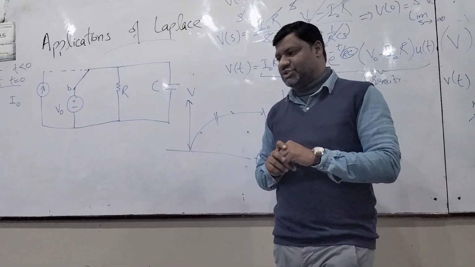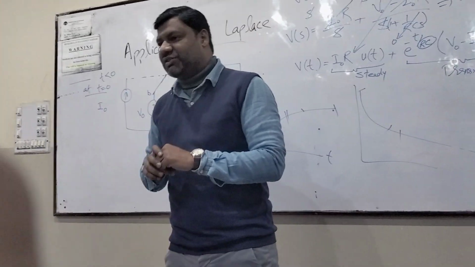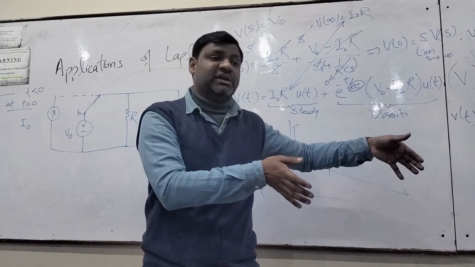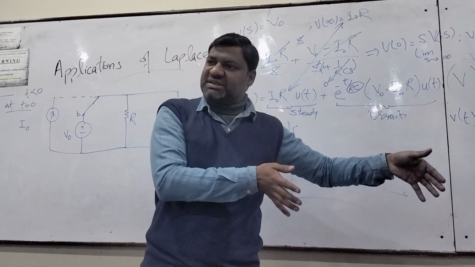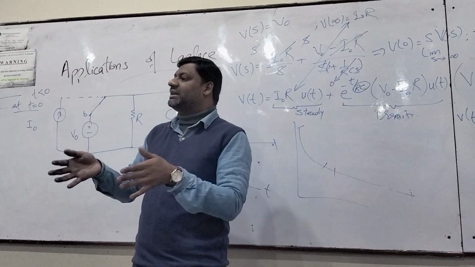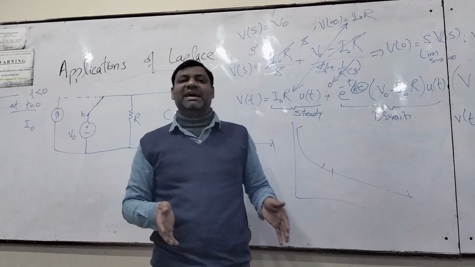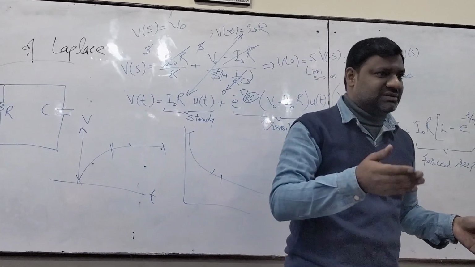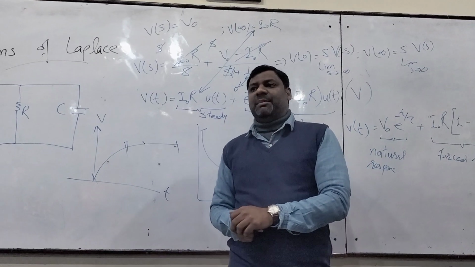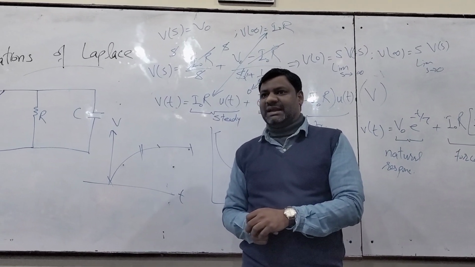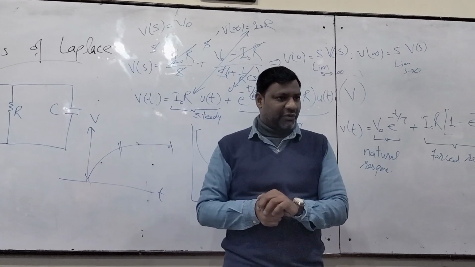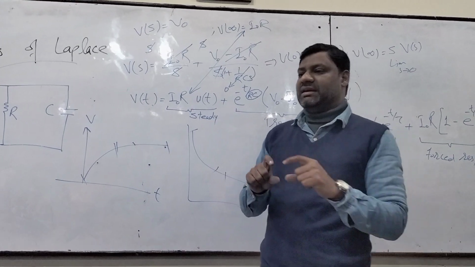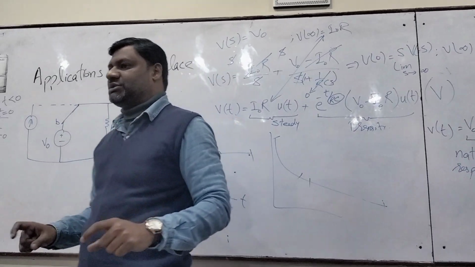Okay, and finally, all of these stories were true for phasors, for sinusoid signals, right? If instead of sinusoid signals we have other AC signals, then how could we analyze our circuit? The subject is circuit analysis of AC signals. We applied Laplace, which has the claim that it could provide you the solution for any nature of AC signal, and it will give you the complete solution in one step.